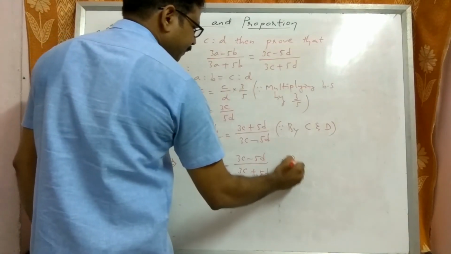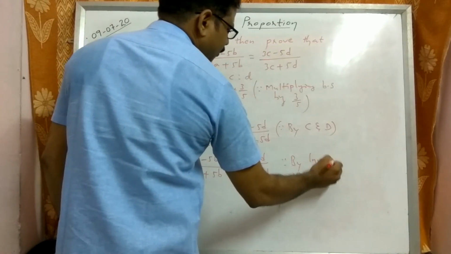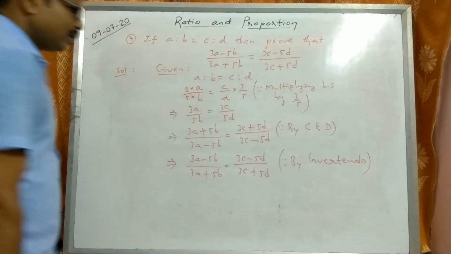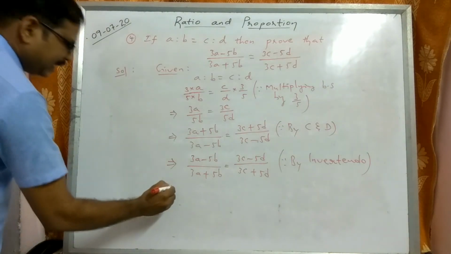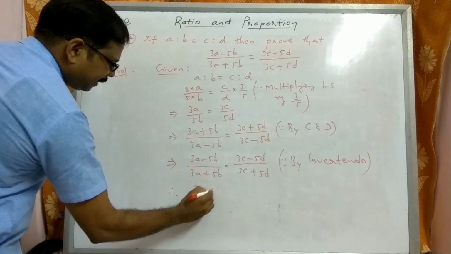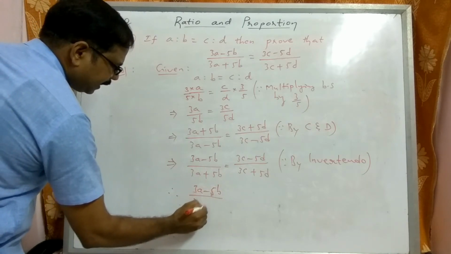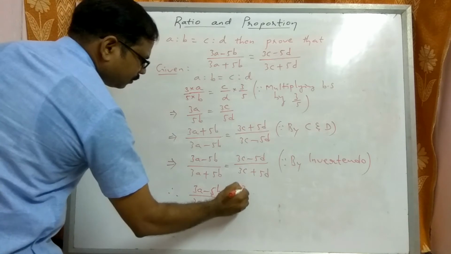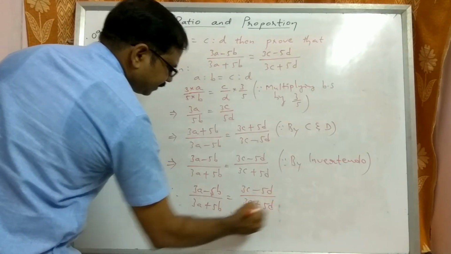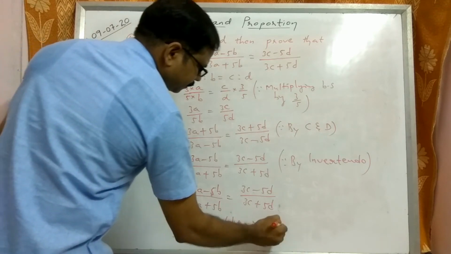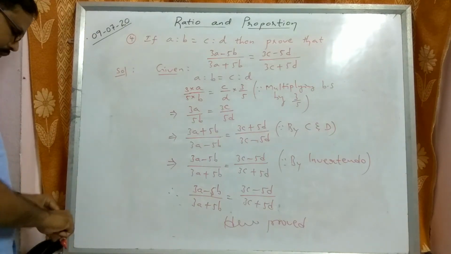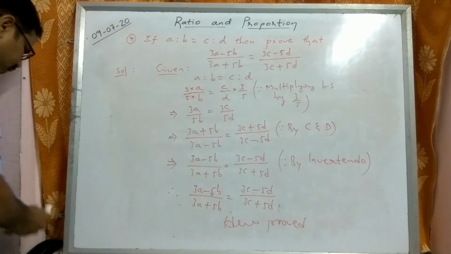Since by invertendo, both sides we can take reciprocals, then we will get the required one. So (3a minus 5b) upon (3a plus 5b) equal to (3c minus 5d) by (3c plus 5d). Hence proved. Okay, that is the end of the solution. That is the fourth one.